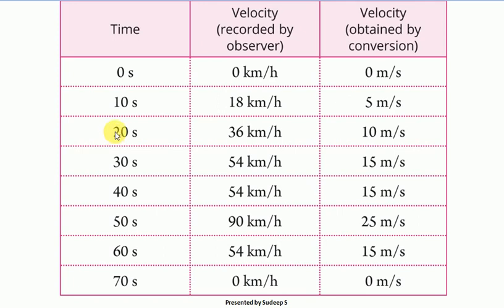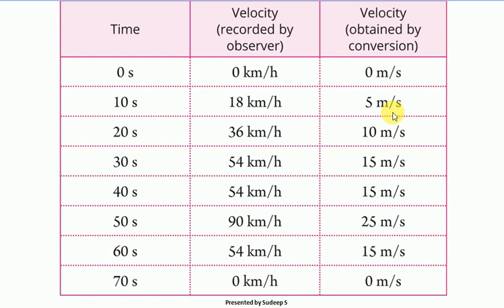From 20 to 30 seconds, it was from 10 to 15 meters per second. So from 0 to 30 seconds, our observation from the data is that after every 10 seconds, there is an increase in velocity by 5 meters per second.